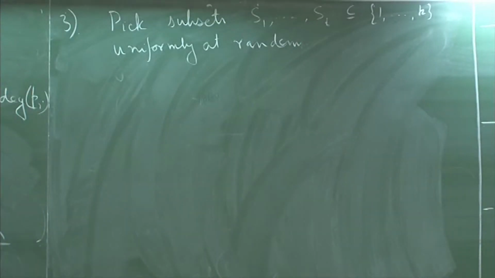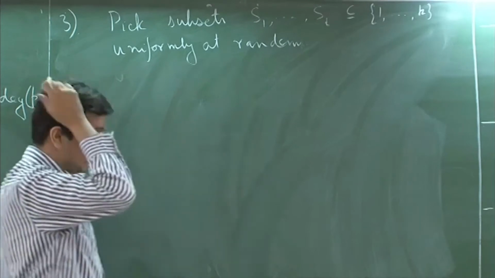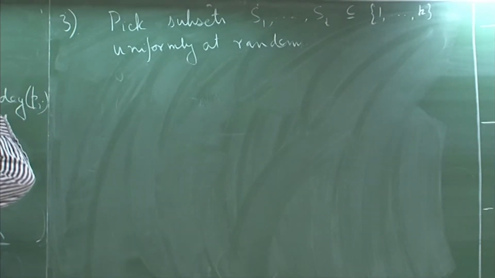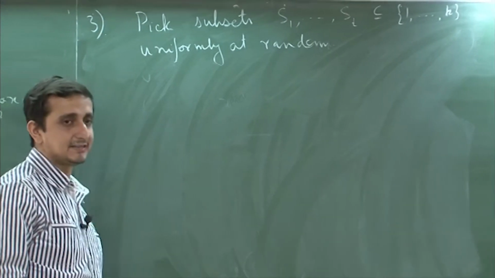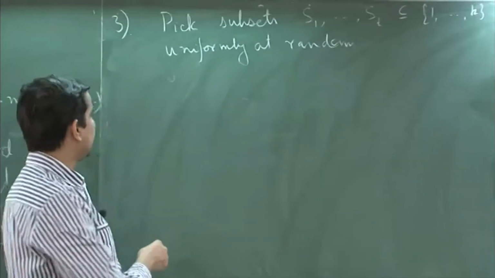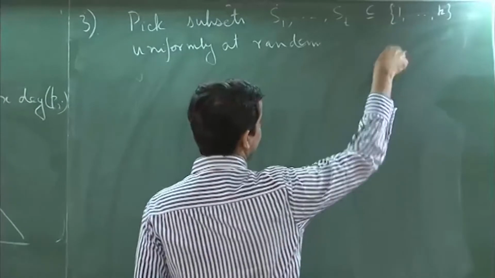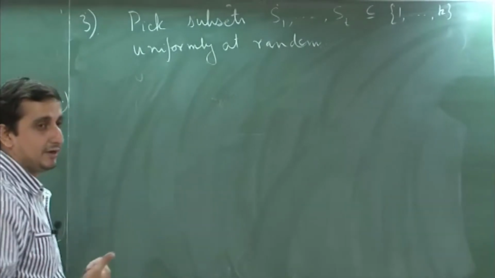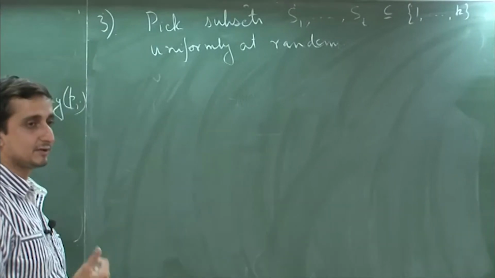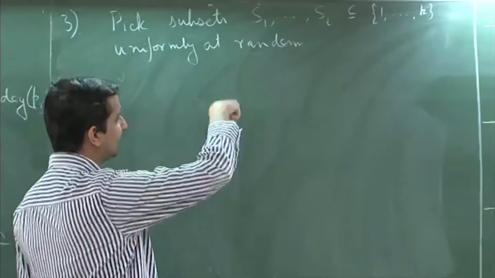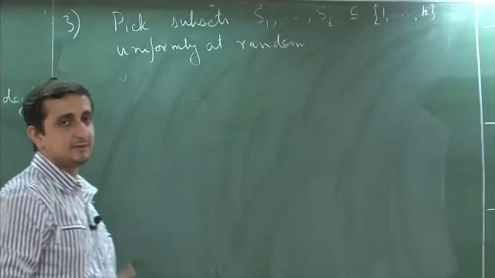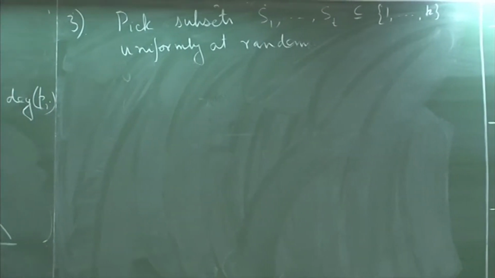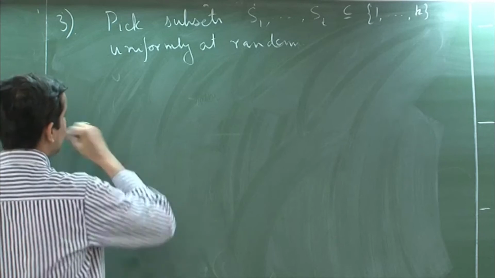Okay. So, whatever P is given to us, we will pick t subsets and they will be chosen uniformly at random. That is, for each subset we will independently decide whether to put in a particular index i or not. Okay. So, we can just do a coin toss for each index. If it comes out head, we will put in that i, and if it comes out tail, we will not put in that i, and this way we will construct our t subsets.